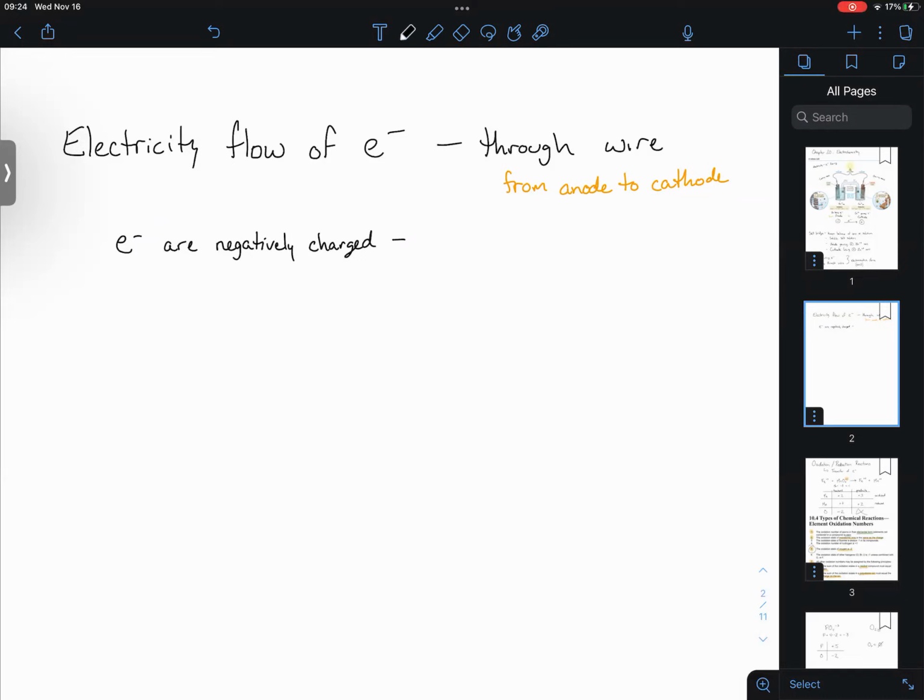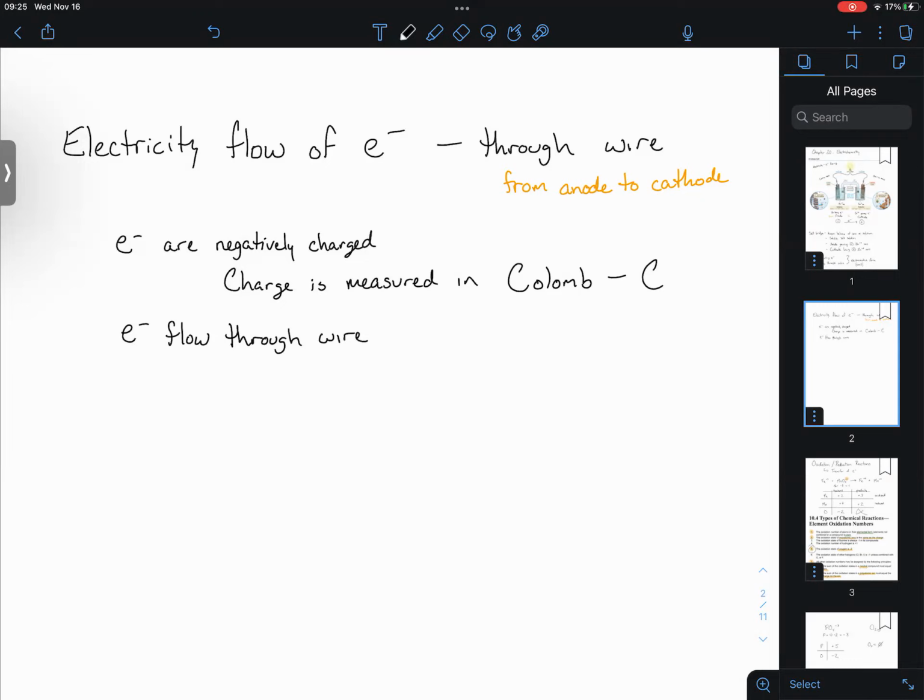Charge is measured in units of Coulomb, capital C. All right, so Coulomb is our measure of charge. The electrons then flow through our wire.